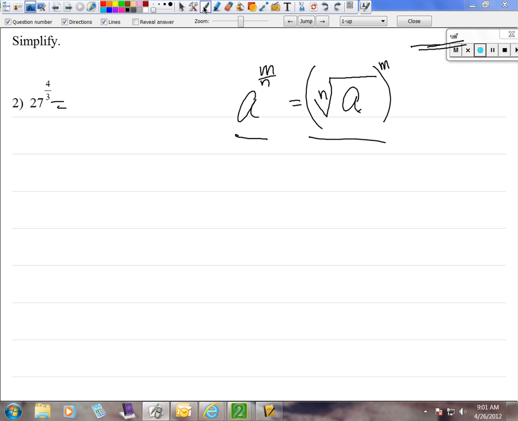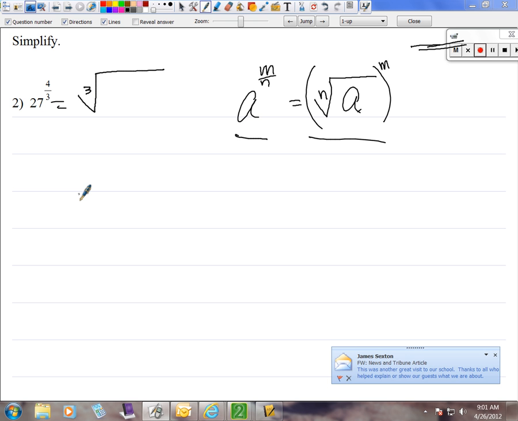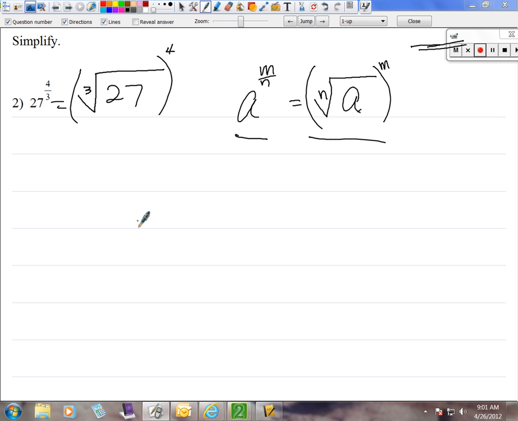Okay, let's just write it first. What's the root on this one? Cube. Start using the math language. This is a cube root, right? Of 27 raised to the 4th power.